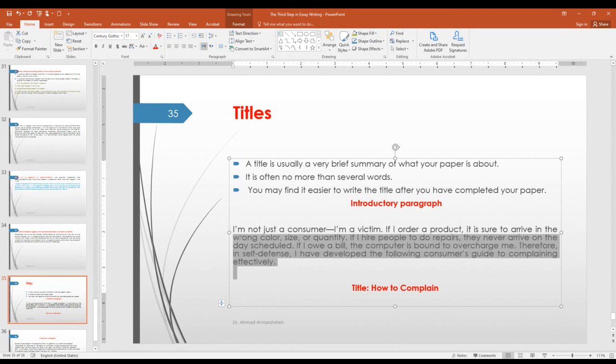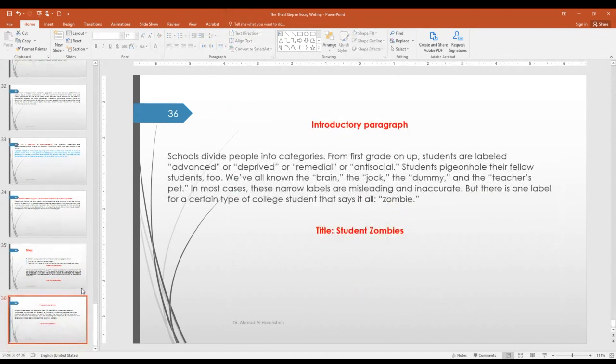Now, if you read this paragraph, you can see that the topic of the paragraph is how to complain. The title: how to complain. Why? Because here, I have developed the following consumer's guide to complaining effectively. So you make an inference that he's going to write about how to complain.